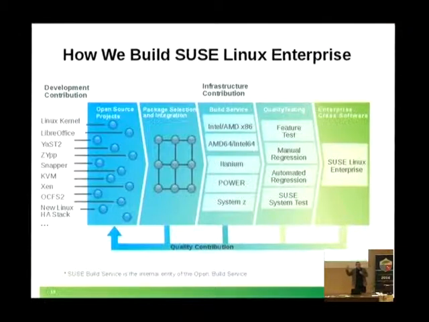We are using the Open Build Service to build our packages for the enterprise distribution. We're using openQA to do QA work, all the same as with openSUSE. We are basing on, at one point in time, certain package versions, certain packages from openSUSE, and are creating our SUSE Linux Enterprise out of this.